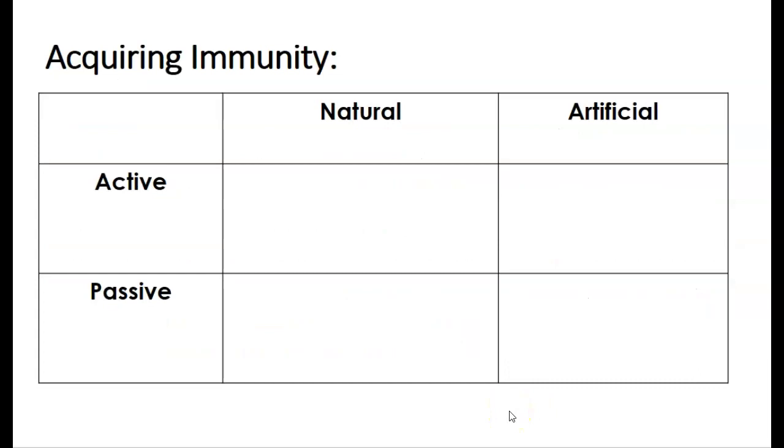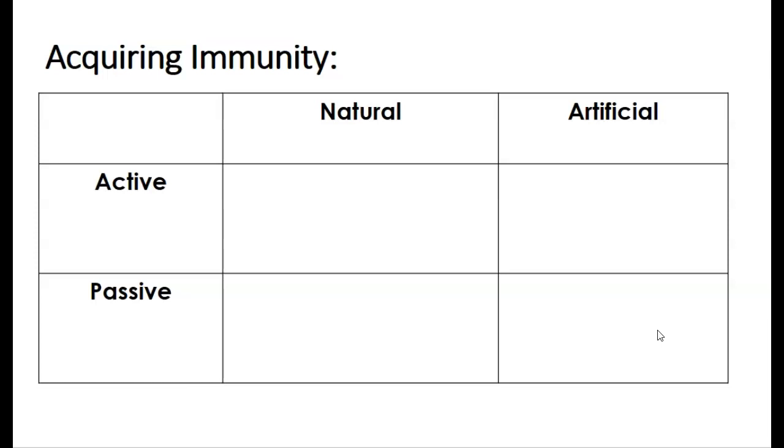Okay, so talking about acquiring immunity. There are 4 different ways that you can come across immunity, that you can become immune to something. So there are 2 broad forms of immunity.